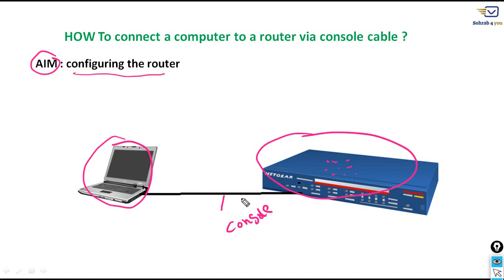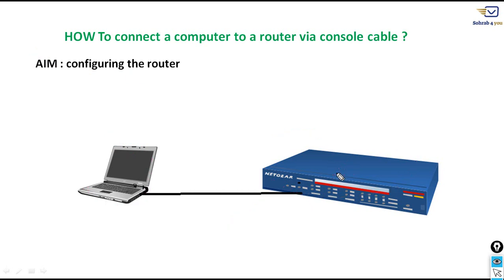So I have to connect the cable and type on the computer, and via this typing I configure the router, because the router itself cannot do anything on its own. With the help of a computer, we can enter the router and configure it. So simple guys. Why connect via console cable? Because we want to configure the router.